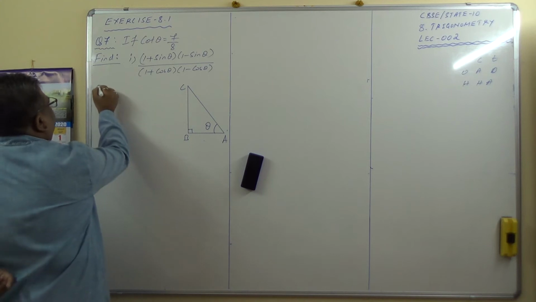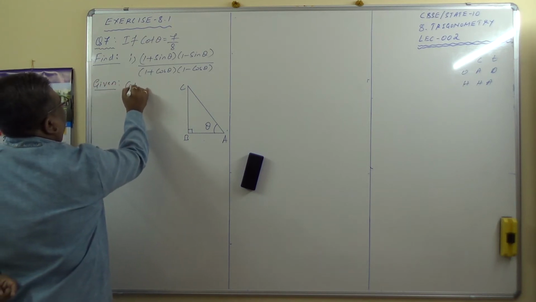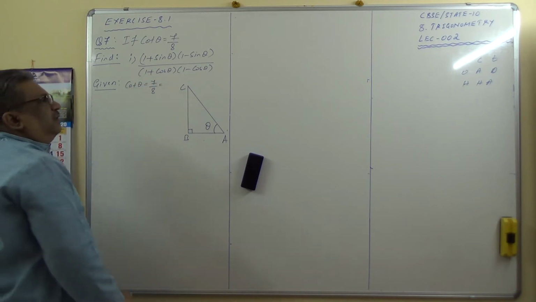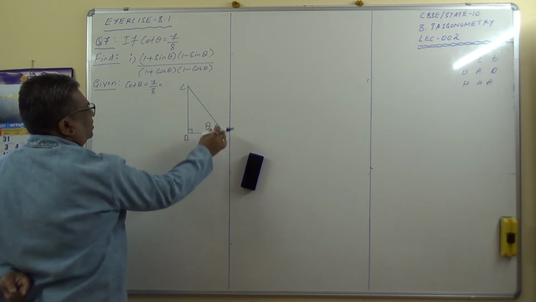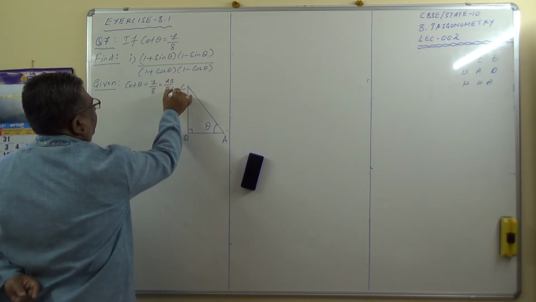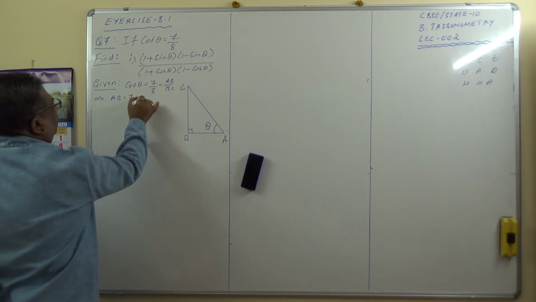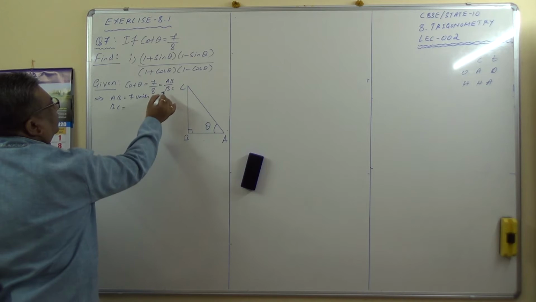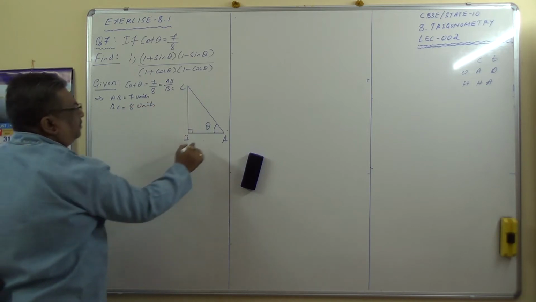Given solution: cot theta equals 7 by 8. Cot is adjacent by opposite, AB by BC. This implies AB equals 7 units and BC equals 8 units.